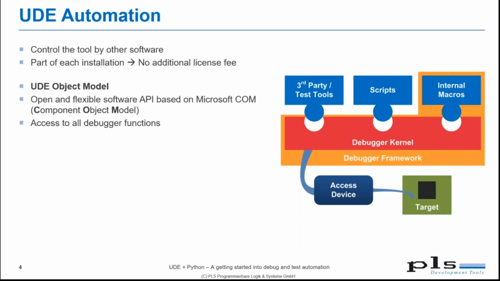The heart of the UDE automation is the UDE object model. That is an open and flexible software API which provides access to all the debugger functions. The object model is based on the Component Object Model, COM, from Microsoft, which is deeply integrated and widely used in the Windows world, and provides a standardized interface for inter-process communication, also inter-application communication.